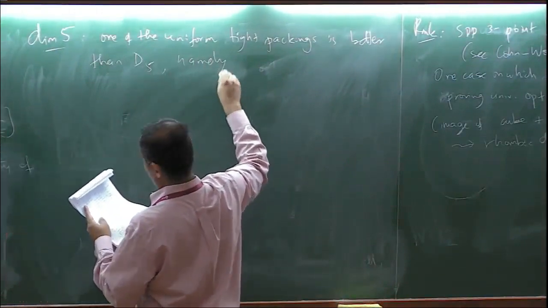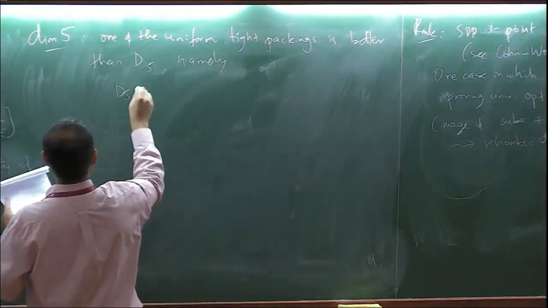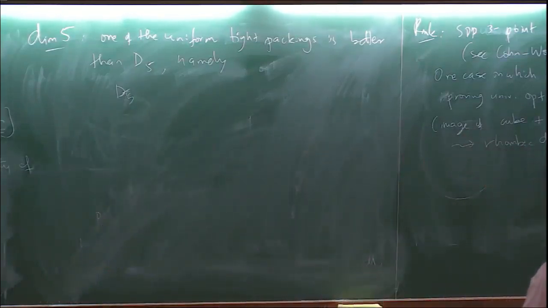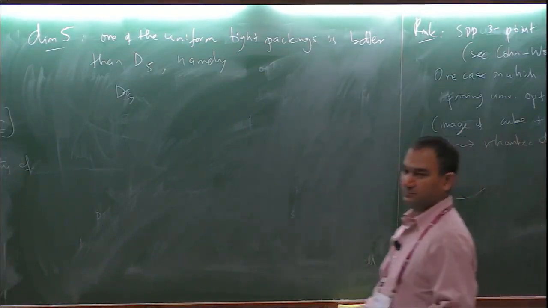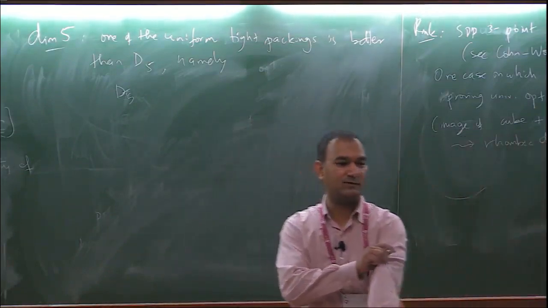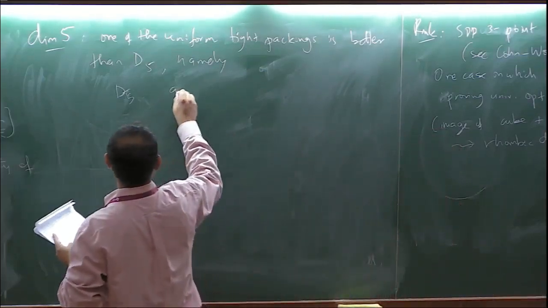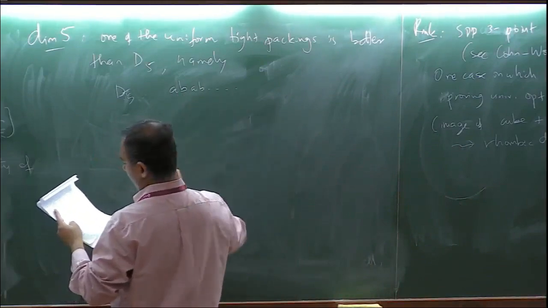Remember, tight packings in 5 dimensions correspond to quaternary sequences, coloring the integer line with 4 colors. So D5 turns out to be AB, AB, dot, dot, dot.